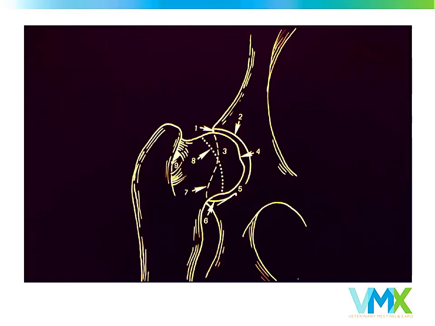I said most registries will employ the hip extended VD view of the hip, but most others, like the BVA, the British Veterinary Association, and the Federation Cynologique Internationale, FCI, which is used by most of the European countries, will also do what's called a Norberg angle. It's an objective measurement of the percent coverage.